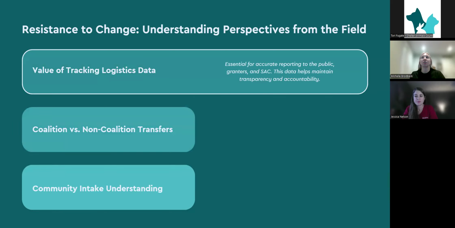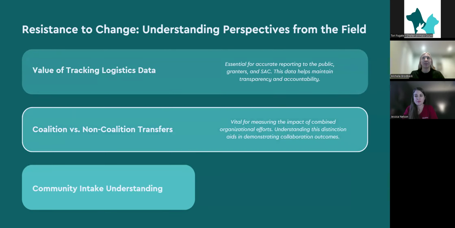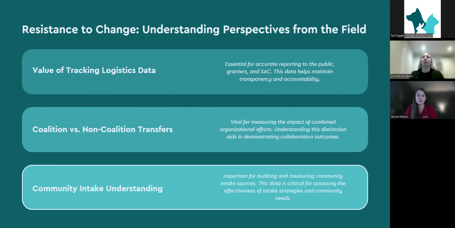Tracking logistics ensures accurate and easily accessible reporting for your organizations to the public, grantors, SAC, etc. Identifying coalitions versus non-coalition transfers allow us to measure true impact of collaborative efforts, and understanding community intake sources is crucial for tailoring intake prevention strategies and meeting specific needs of your community. But that being said, I think it's crucial for us to evolve as an industry and move away from just basic data collection related to transfers.